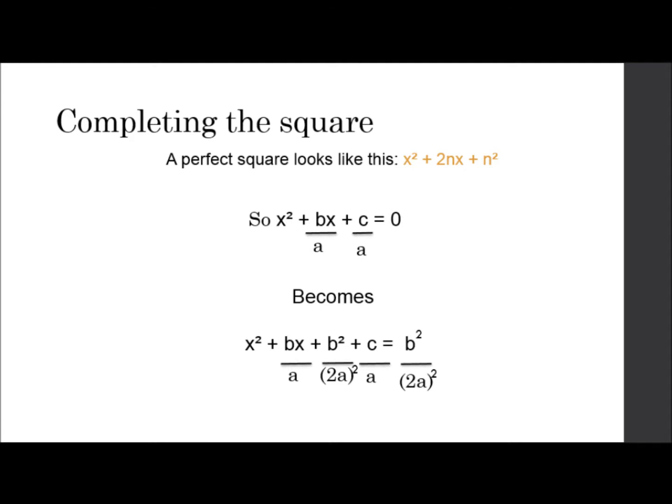So what we've basically done is taken the x term, which is b over a, we've halved it so it becomes b over 2a, we've then squared the whole lot, we've added it to the left hand side, but we've also added it to the right hand side so that the actual equation hasn't changed.